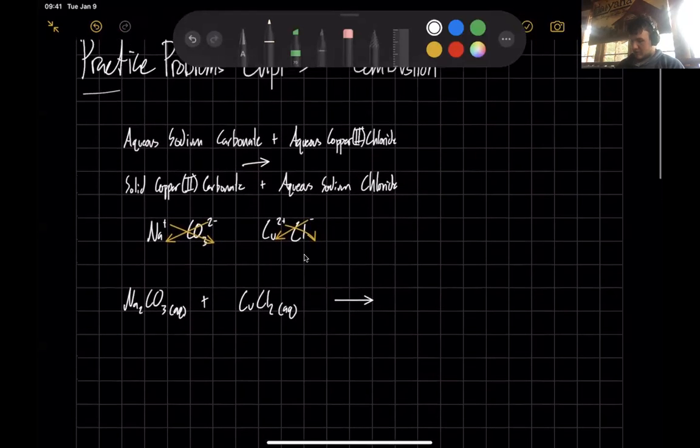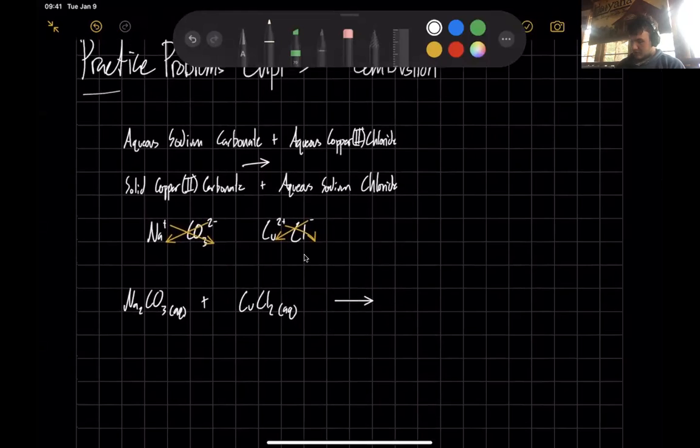This yields copper 2+ and carbonate 2-. And so if you drag both these down, they're both 2s, and those can reduce down to a 1.